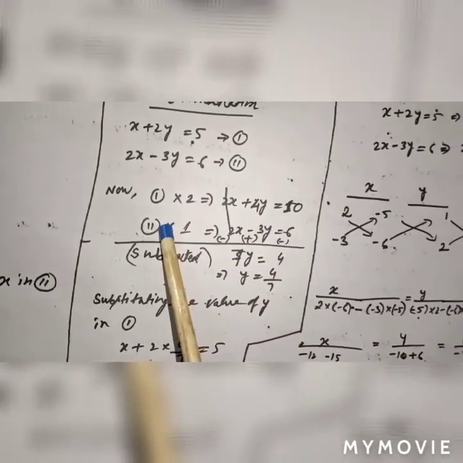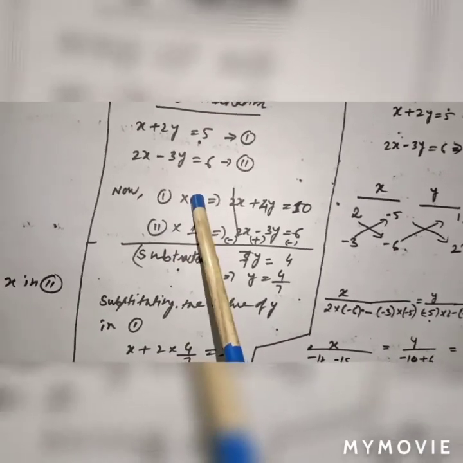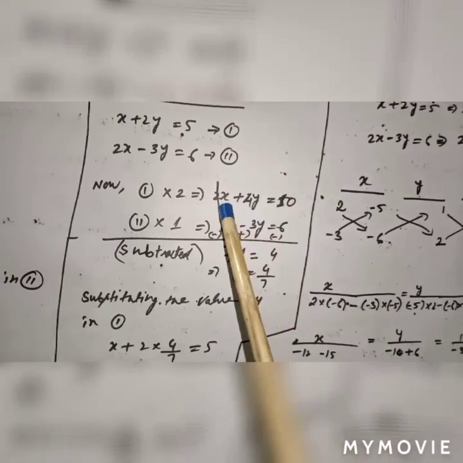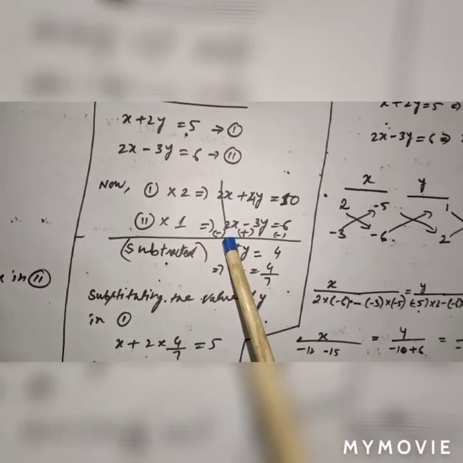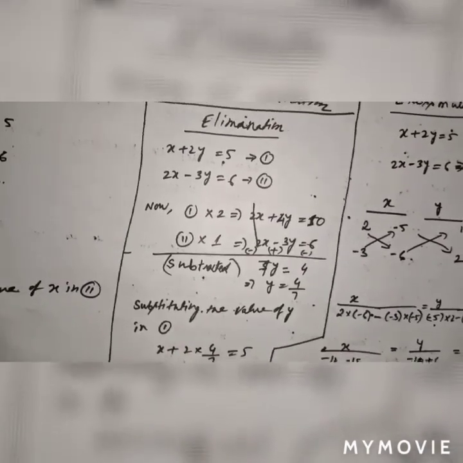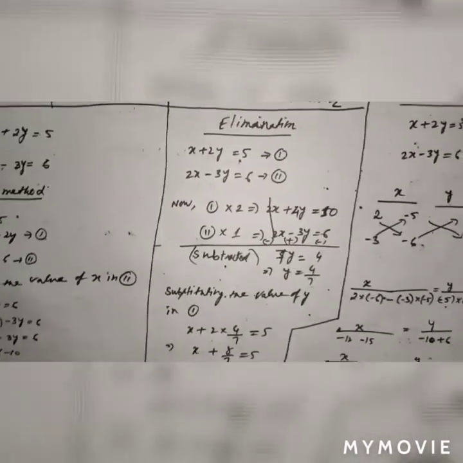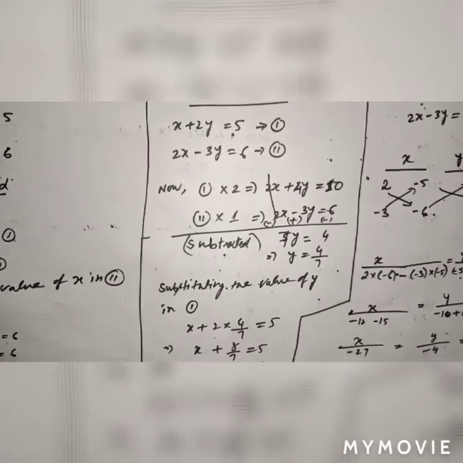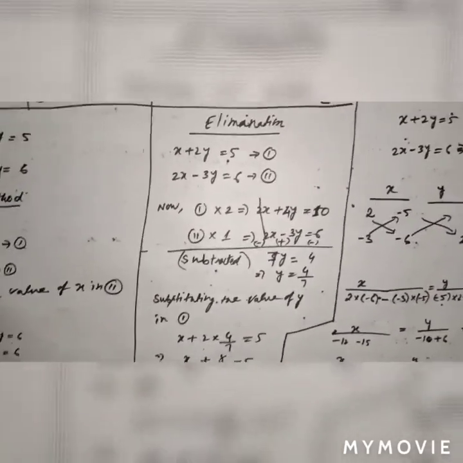Sorry, 2 from 1, then this plus 6 becomes minus 6. Then twice x plus and minus twice x, plus and minus cancel. That is why I told you before that you have to make the terms related to either x or y the same in both the equations.